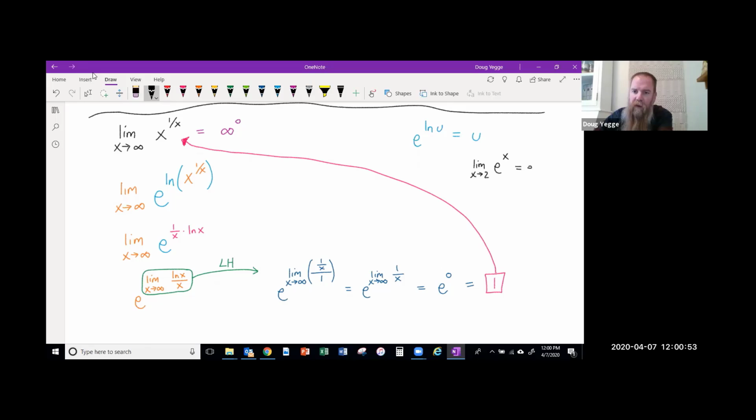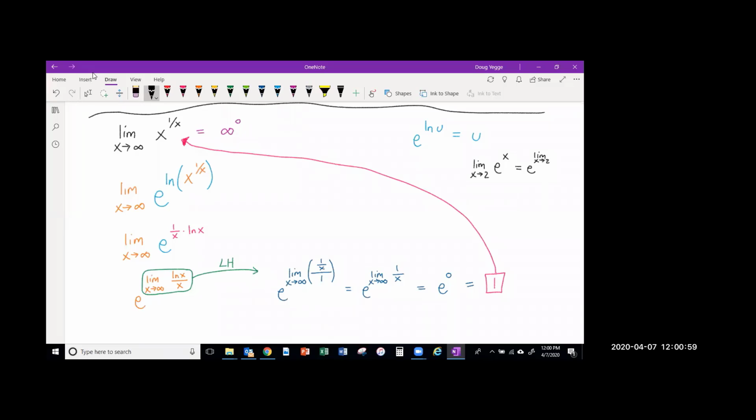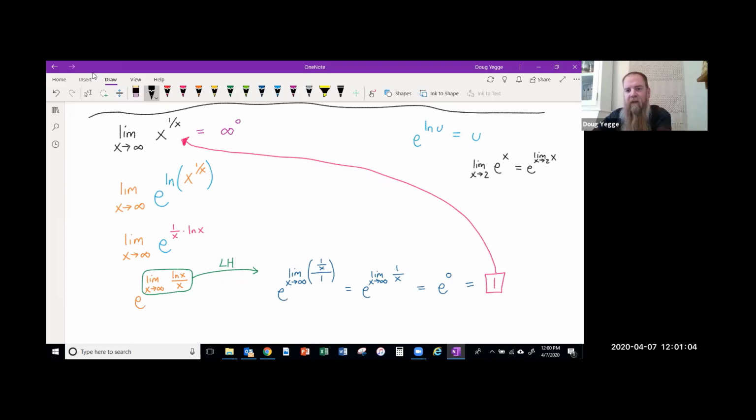So doesn't that mean that what I'm really doing is taking the limit of the exponent? Oh, okay. So really what we're saying here is that if I take the limit of an exponential function, you could just take e to the power of the limit. And that's what we were doing way back here, when we took the limit as x approaches.